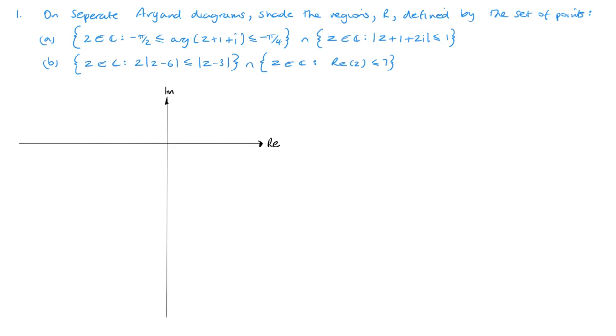So arg(z + 1 + i) = arg(z - 1 - i). So this is going to go through the point 1, minus 1, minus 1, say here. And then it's between -π/4 and -π/2.